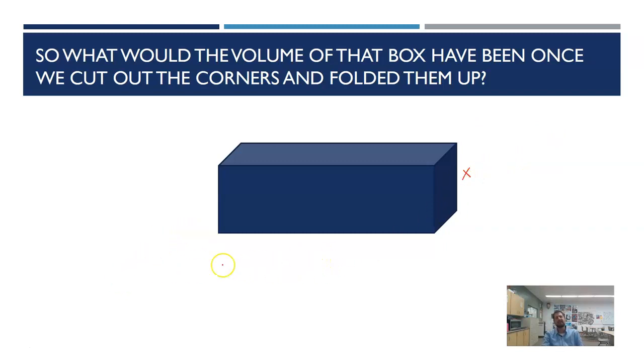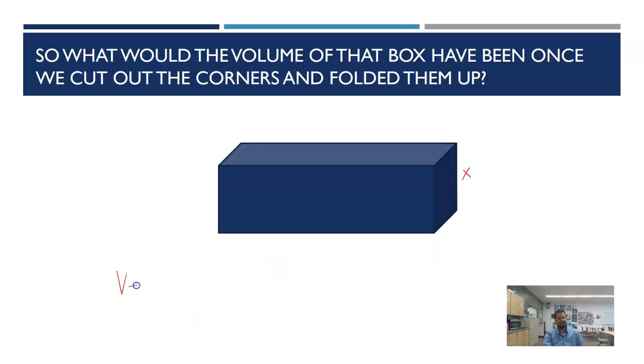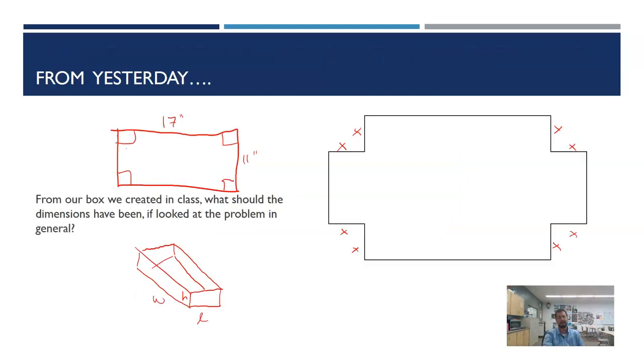And then here's how we have to think about the other ones, okay? The volume of the box in general is equal to the length times the width times the height. That's how we find the volume of any rectangular prism. So in this example, regardless of how big or small we made our squares initially, I could say that this side is 17 inches minus each of the x's that I cut off of either side.